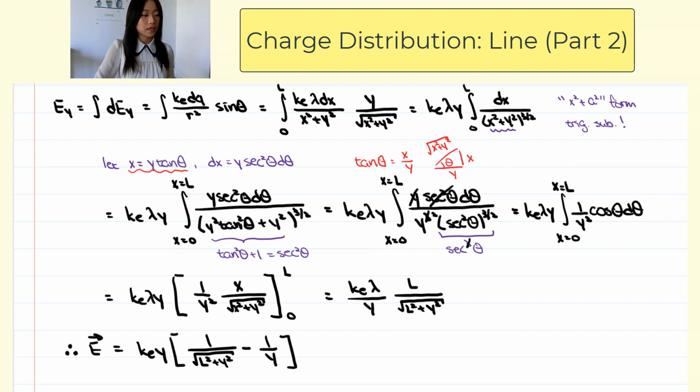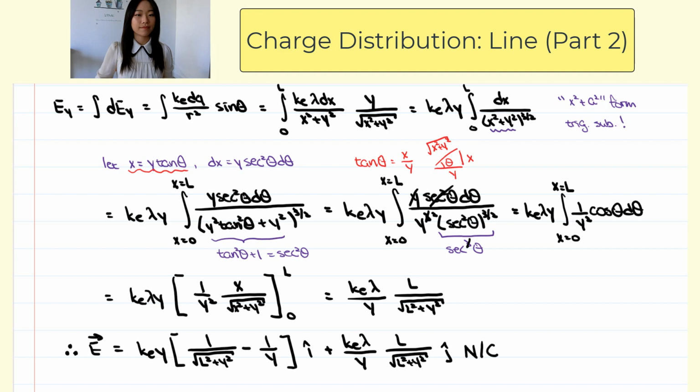And that is the x component, so times i hat. Then the y component is Coulomb's constant times the density divided by y times L over the square root of L squared plus y squared, times j hat. And the unit is newtons per coulomb.